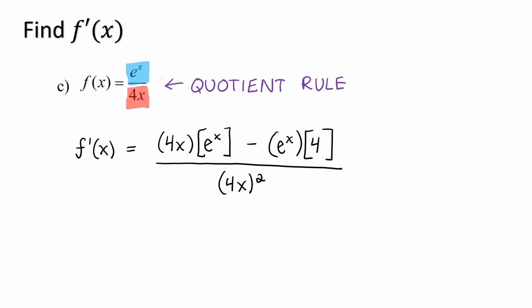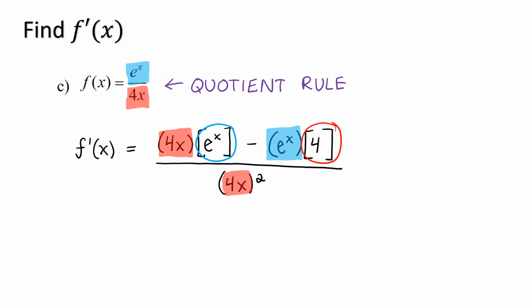So we have low d high minus high d low, all over low.